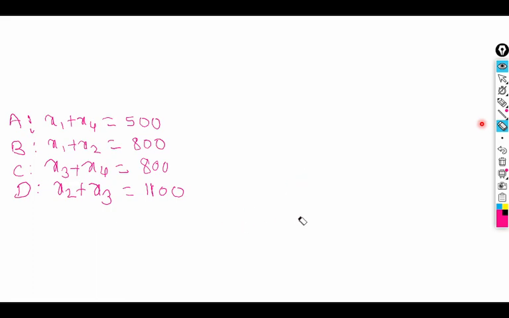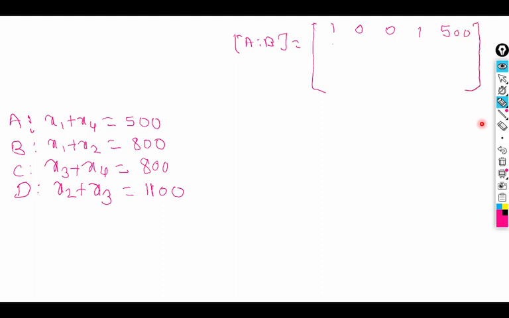So our aim is to first write the augmented matrix A colon B. I will check if the space is not enough; I will erase that side. The augmented matrix A colon B is equal to: first row, 1 0 0 1 and 500.